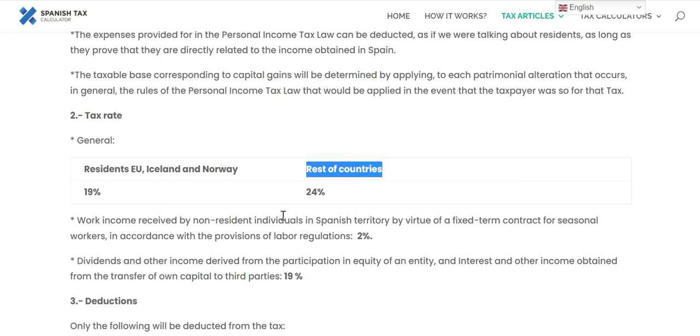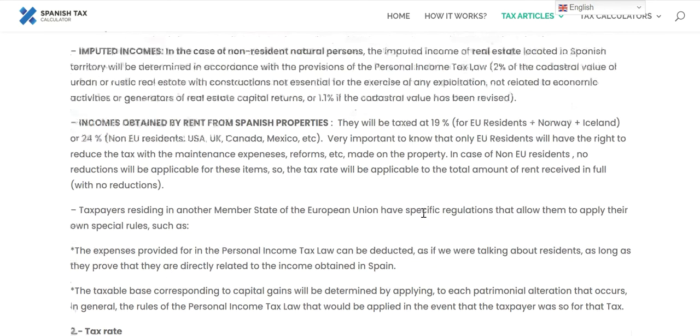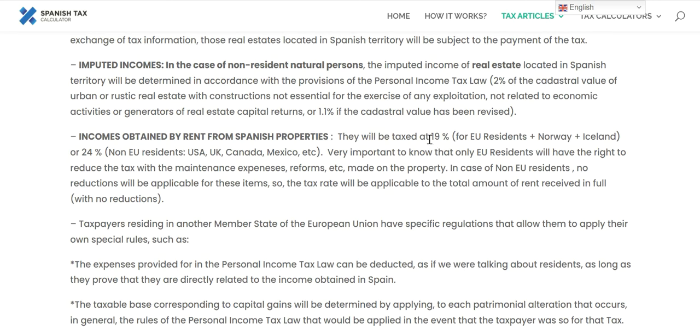So, also, you will see later, the difference between residents in the EU and residents in the rest of the countries, USA, UK, Mexico, etc., is not only the difference in taxes between 19% and 24%.